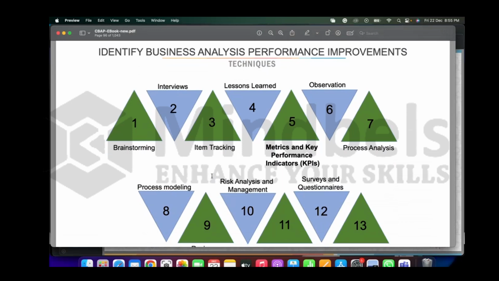Here is a list of techniques that you will be applying towards the performance improvements. You can see a few of them are repetitive but a few are different: KPIs, risk analysis, process modeling.